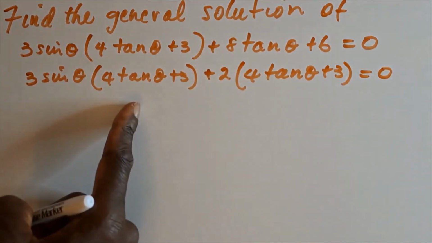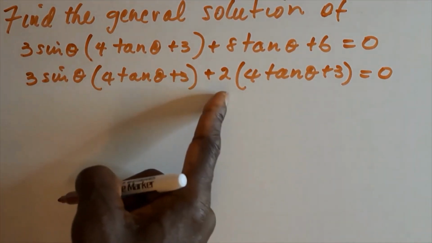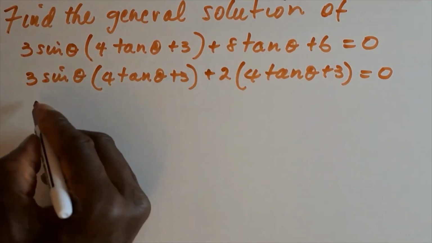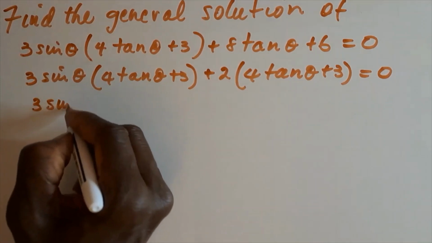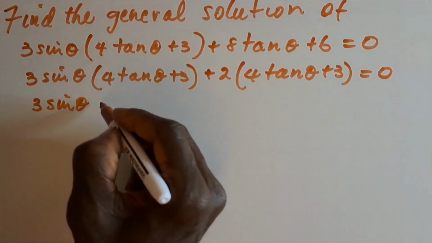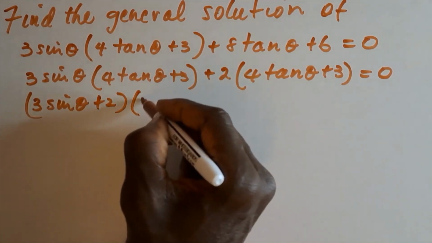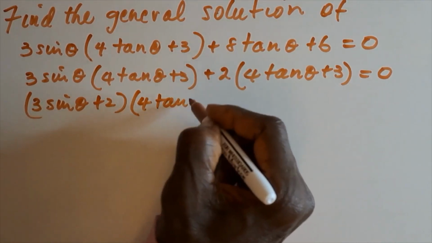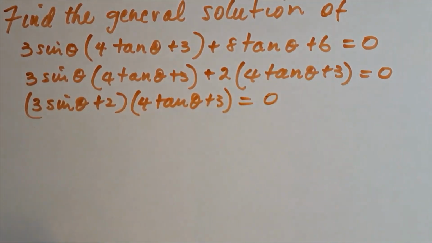Now, 4 tan theta add 3 is common to 3 sine theta and also 2. So now we can use brackets here. Have 3 sine theta add 2, that's 4 tan theta add 3 is equal to 0.